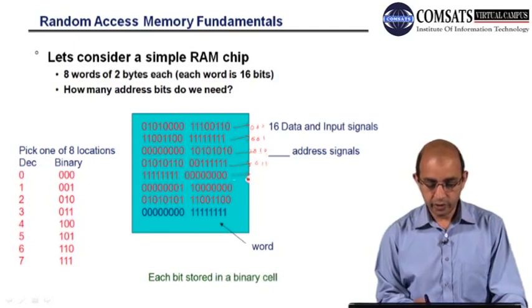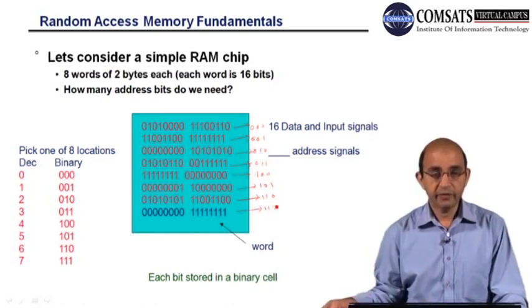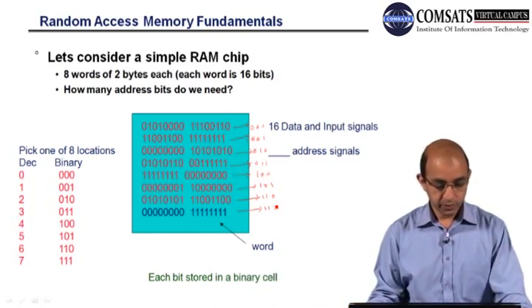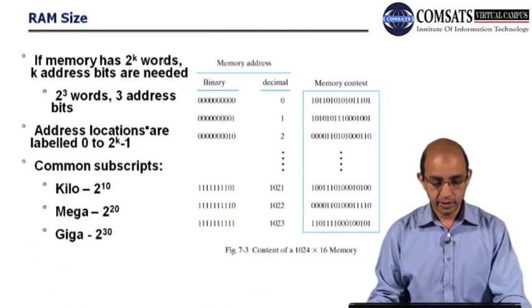For this location I will be having 1, 0, 0. For this 1, 0, 1, 1, 1, 0, and for this I have 1, 1, 1. So we have 8 different locations. For each bit I need one binary cell.